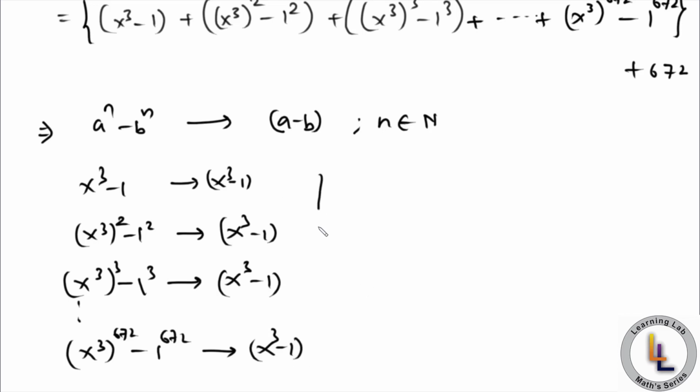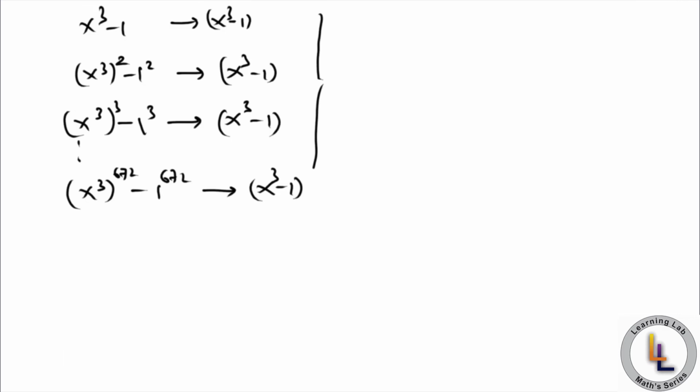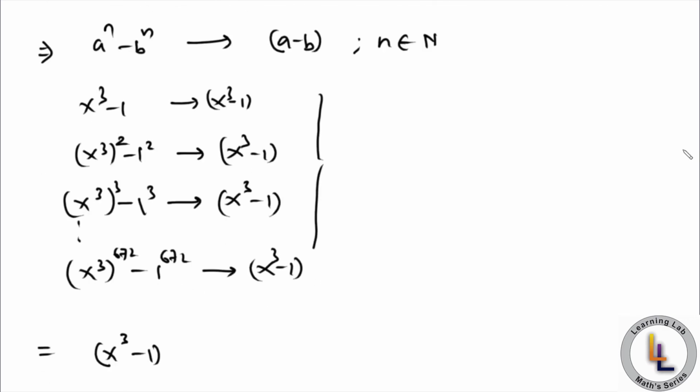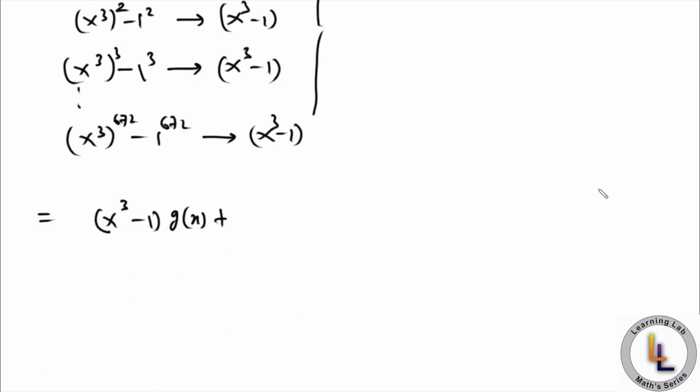That means each term in this sequence from here to here is divisible by x cube minus 1, right? That means we can take x cube minus 1 common from here to here and the remaining stuff, let's suppose g(x), and plus this 672 as it is.